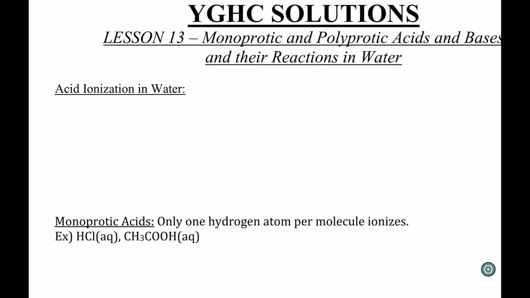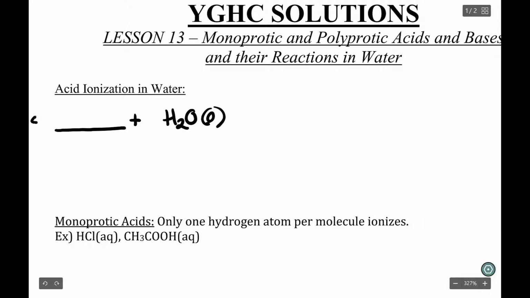An ionization of an acid in water is essentially when an acid is reacting with water. If it was a strong acid, it would react completely with water to turn into its conjugate base and hydronium.